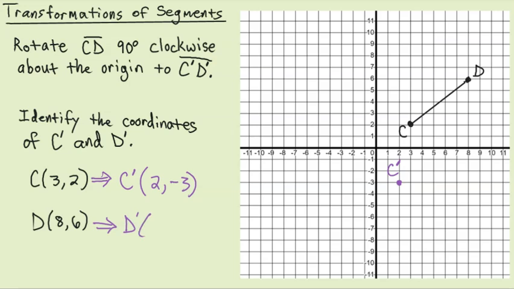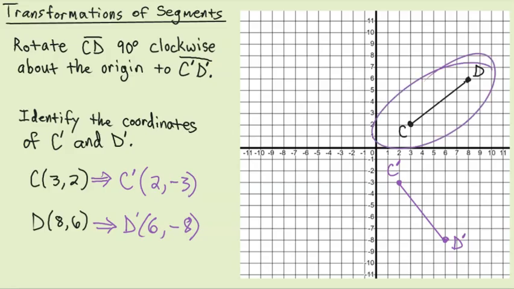We're going to take our y coordinate 6 and make it our x coordinate. We're going to take our x coordinate 8 and make it -8, and that's now going to be our y coordinate. So we're going to go to 6, -8, and that's going to be D prime. And now we're just going to draw a segment between these two points, and there is our rotation.